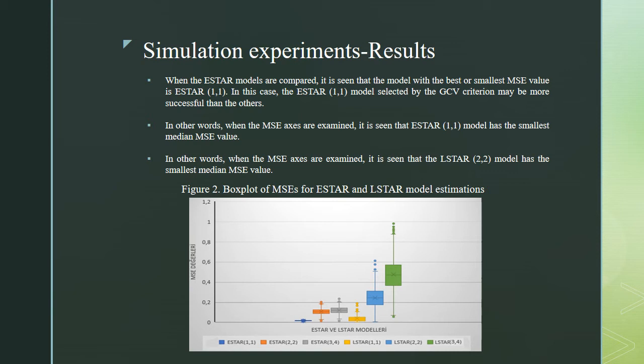In other words, when the mean square error axes are examined, it is seen that the A*11 model has the smallest median mean square error value. In other words, when the mean square error axes are examined, it is seen that the A*22 model has the smallest mean square error value.